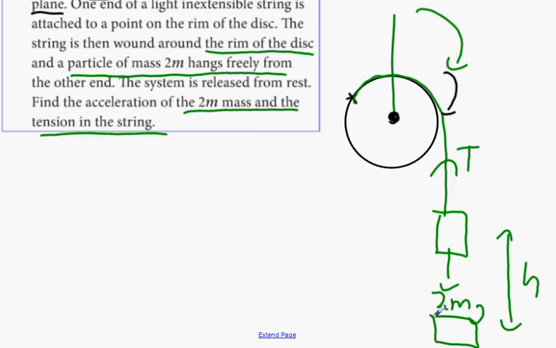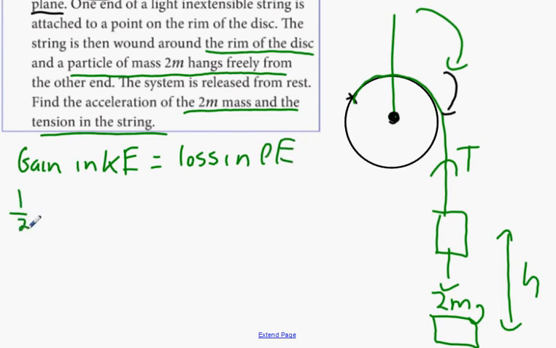Next thing, gain in KE equals loss in PE. A half mv squared being the linear motion plus a half I omega squared equals, anybody? mgh.